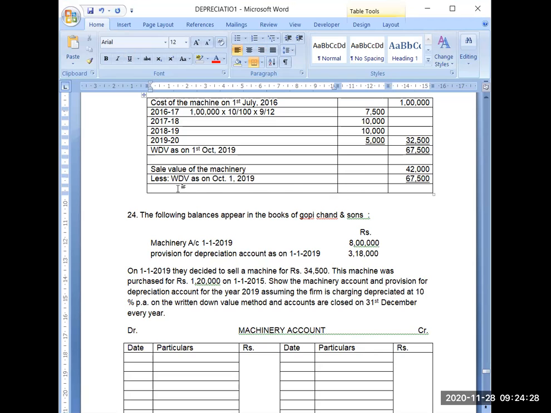So that means we are having a loss on sale of machinery. So it will be 67,500 minus 42,000, which is 25,500. So the loss will be 25,500.